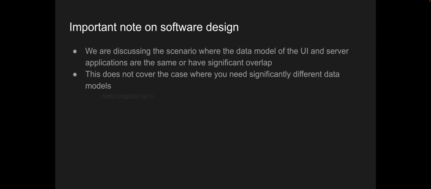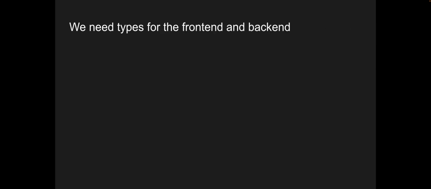But I just want to say, for the sake of completeness, that there are patterns like anti-corruption layers, open host services, or even just mapper or gateway objects, right? That might lend themselves to having different internal models for the UI and different internal models for the server and yada, yada, yada, right? But what we're talking about is where there's serious overlap, right? So we need types.